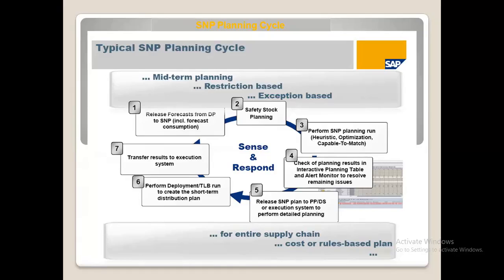Then next, perform the deployment and TLB run to create a short-term distribution plan, which means that once the planning results are available, we have to do the deployment. Then finally, transfer the result to the execution system. This is about the complete life cycle of SNP.